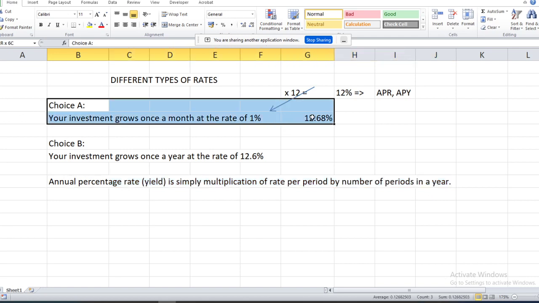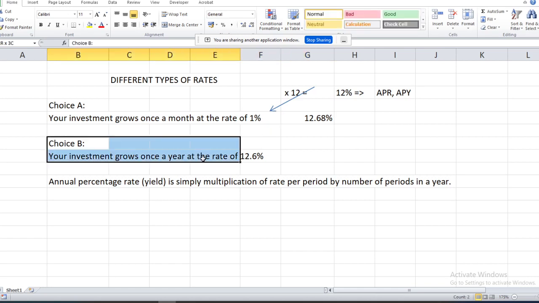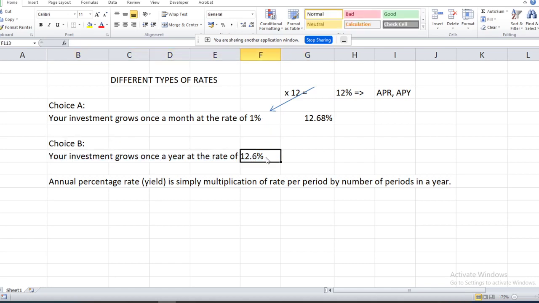Like in our choice A example, you're actually going to earn 12.68% effectively, although the APR is only 12%. The APR for choice B is 12.6%, so it looks like choice B is better because the APR is higher. But for the effective amount you're going to earn, we need to look at the actual money, right?